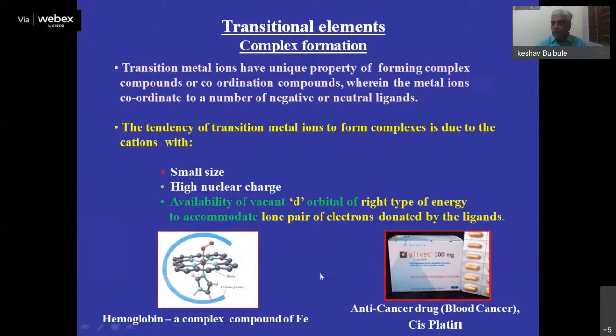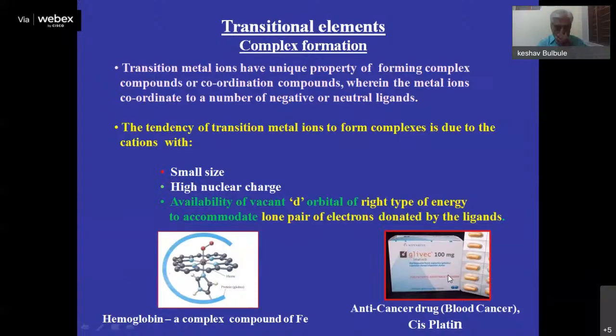For such blood cancer patients, almost every alternate day another complex is given, and this complex is of platinum, which is a d block element, and it is called cisplatin. You will be surprised that each capsule of 250 mg costs nearly 9,000 rupees. Not made in our country. These are all imported from some other countries.